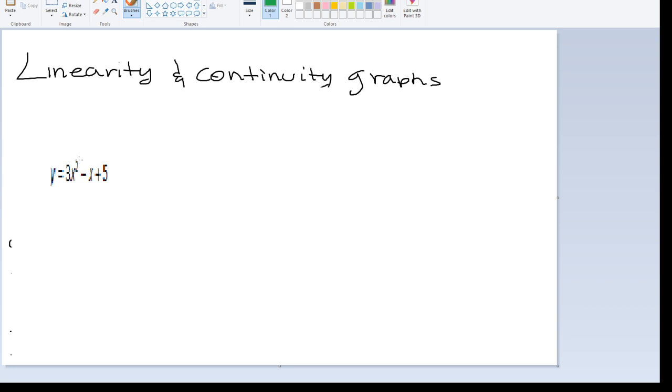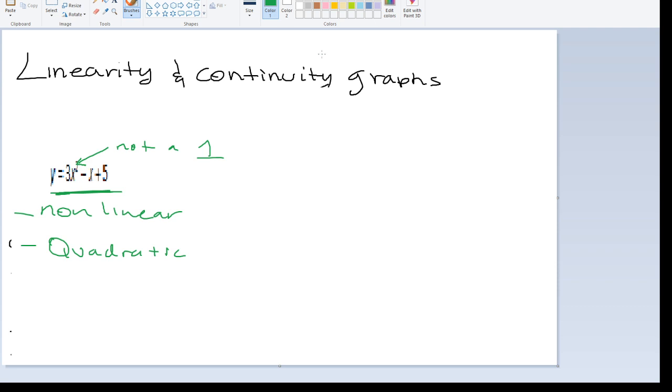Again, let's look at this exponent right there. You see that? It's not a 1. So this is non-linear. In fact, this is something called a quadratic function, and we'll look at this later on. When you graph something like this, we don't get a line, we get a curve, and we'll look at that later on in the year. So something like this is non-linear.